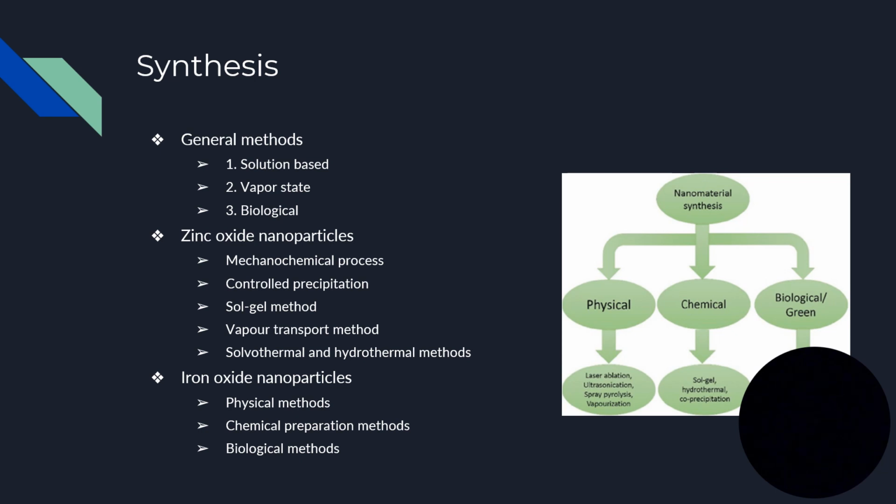The choice of the synthesis method is determined by the physicochemical characteristics of the metal oxide nanoparticle, such as the size, dispersion, type of intrinsic or extrinsic defects, morphology, and crystal structure. Moving on to zinc oxide nanoparticles, these have several different types of synthesis.